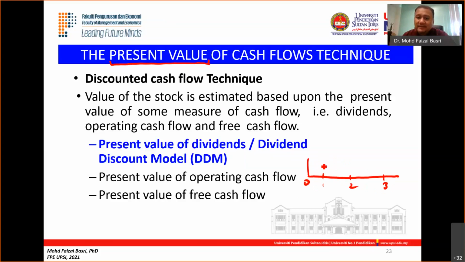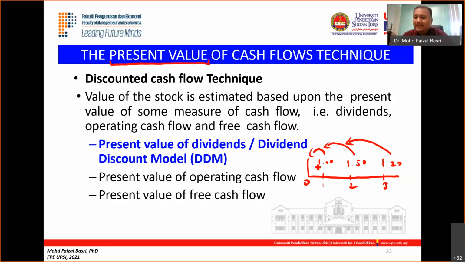Let's say first year 1 ringgit, second year you're gonna receive a dividend of 1.50, and then third year you receive a dividend of 1.20. So when we say present value, we're going to bring the values for the first, second, and third year to today's value, hence the name present value. So we're going to bring all of this to year 0. That's what is meant by present value or discounted cash flows.